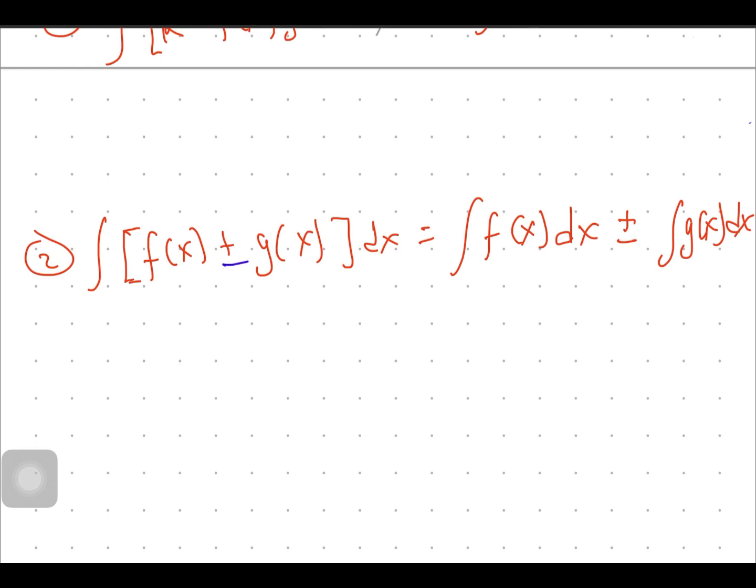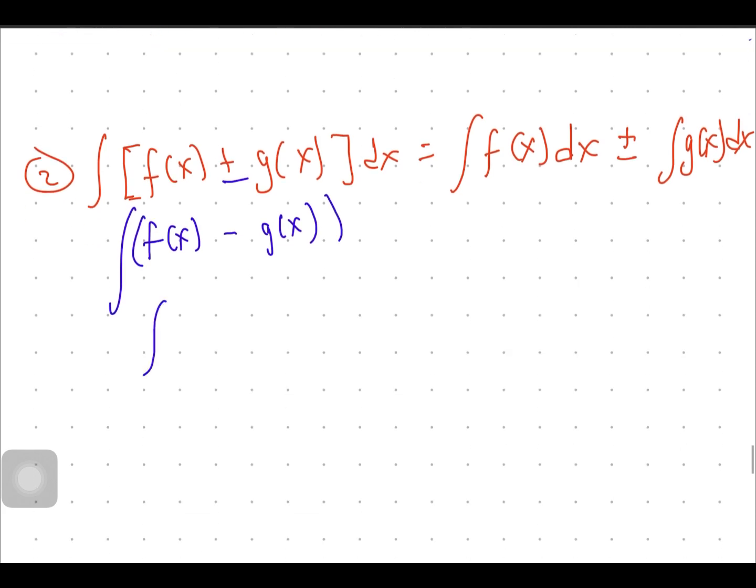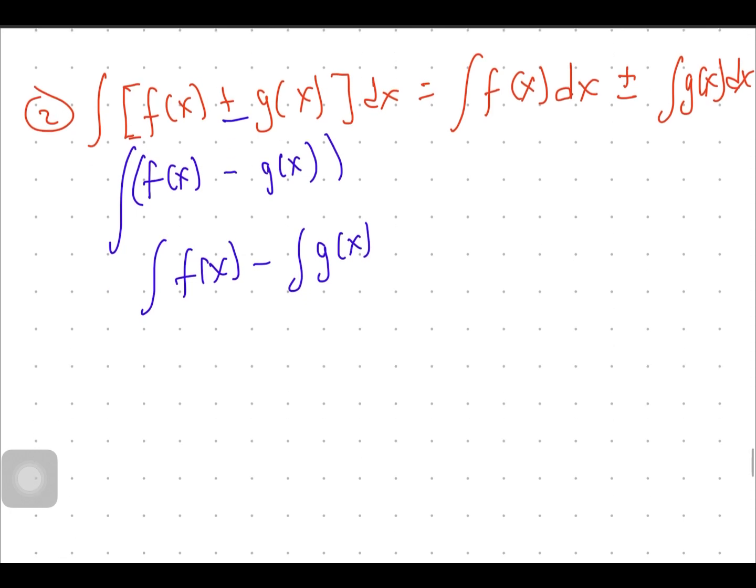So assuming that you have a function f of x minus g of x, find the integration of this. What you need to do is the integral of f of x minus the integral of g of x. If it's a plus, you do the integral of f of x plus the integral of g of x.